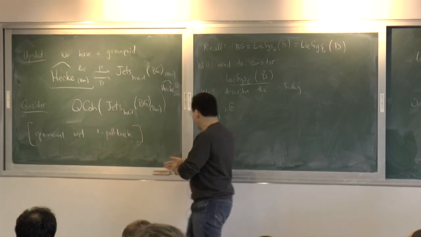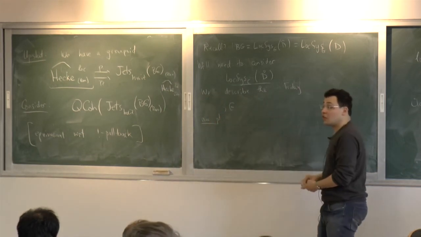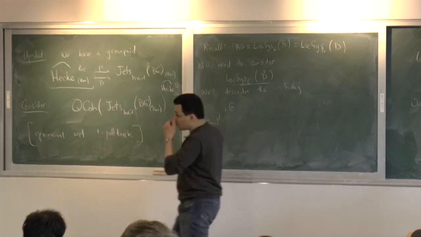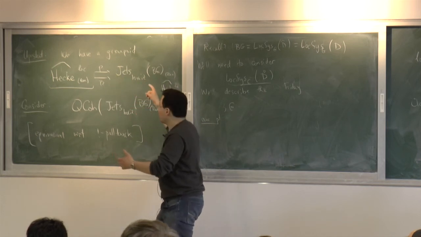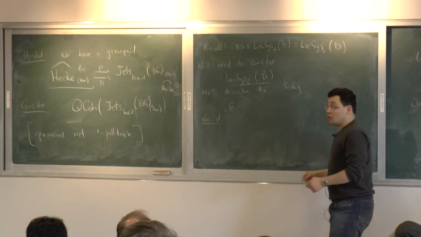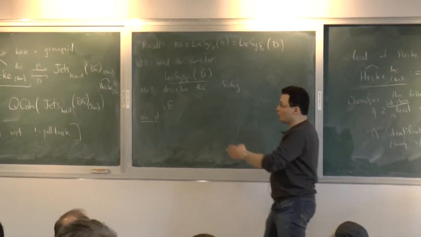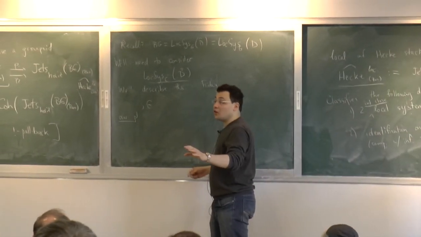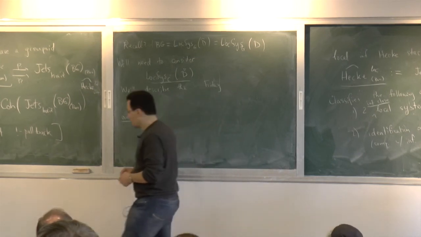So you just do this kind of computation that I was suggesting: the tangent complex will be the fiber of the de Rham cohomologies of G over the formal punctured disk, which over a point, you see, is just g shifted by 1.